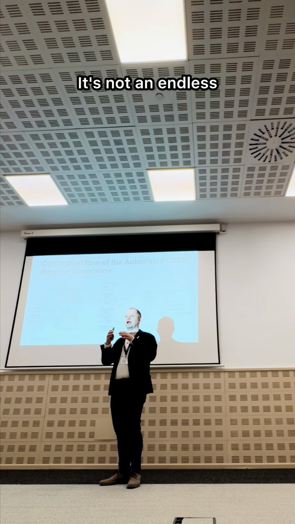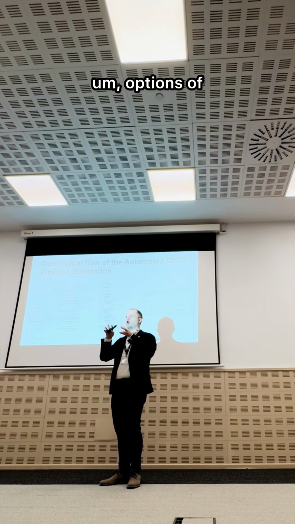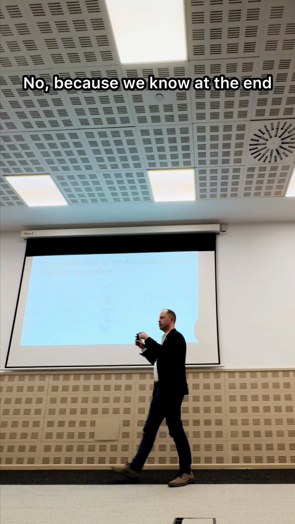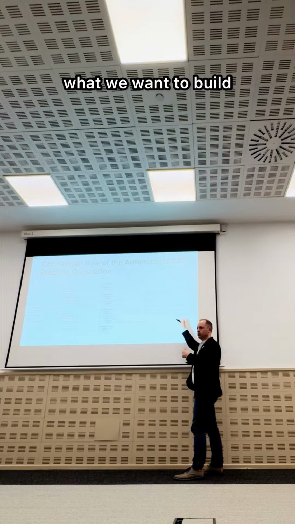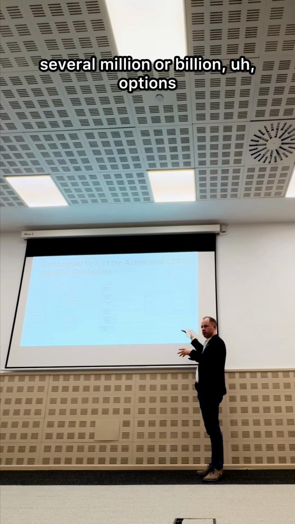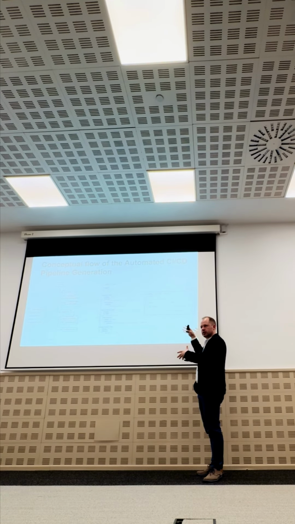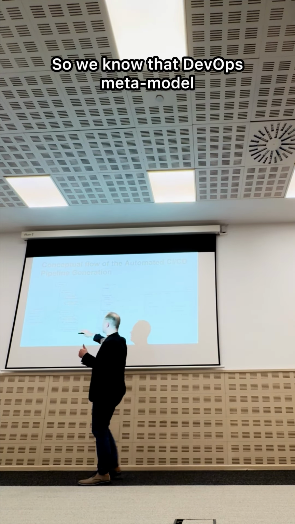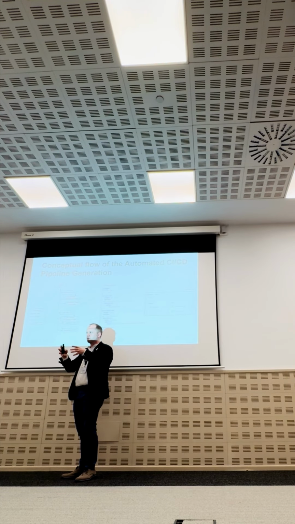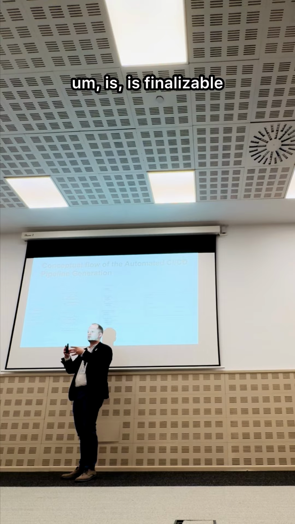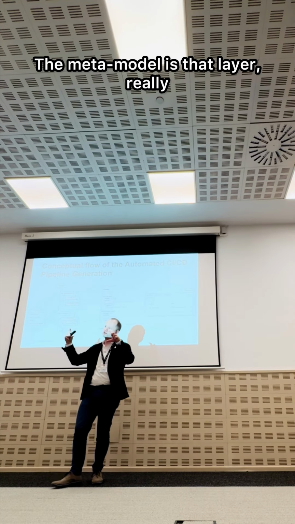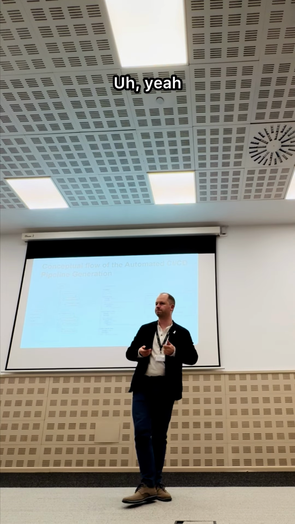It's not an endless number of options for how this language could be, because we know at the end what we want to build. It's several million or billion options, but it's not endless. So we know that the DevOps meta model, which consists of everything we may want to do, is finalizable. So we define the language. The meta model is that layer, really.